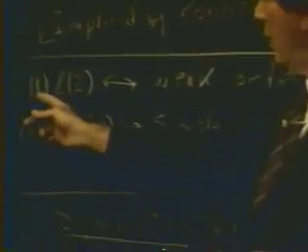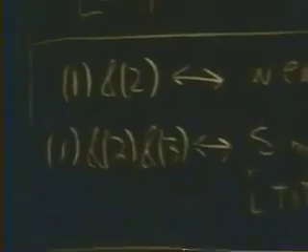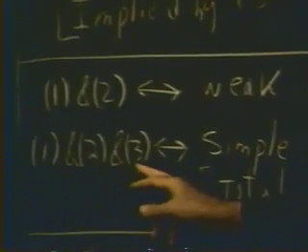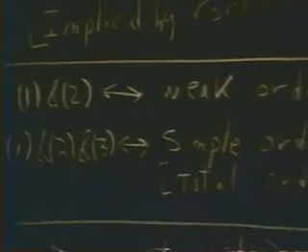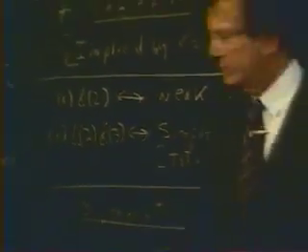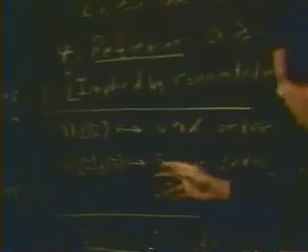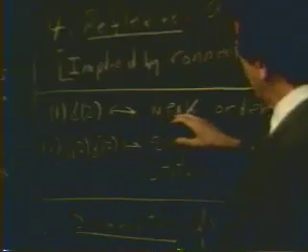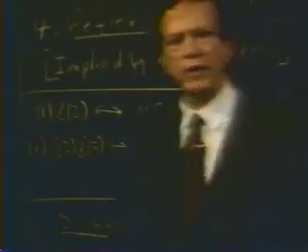When we add antisymmetry, so we have 1, 2, and 3, when we add antisymmetry, property 3, then we say that that relation is a simple order. Notice that equal to or greater than on the set of real numbers is an example of a simple order. Of course, every simple order is a weak order, but not conversely. As we've seen by our simple example of height, it's easy to construct weak orders that are not simple orders.